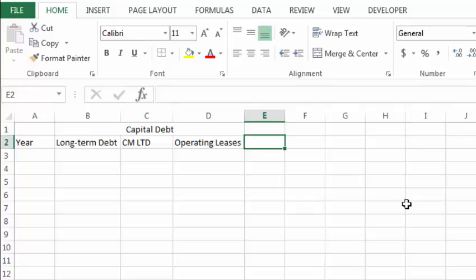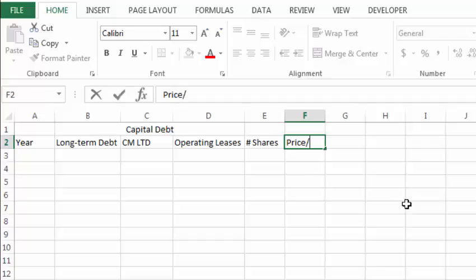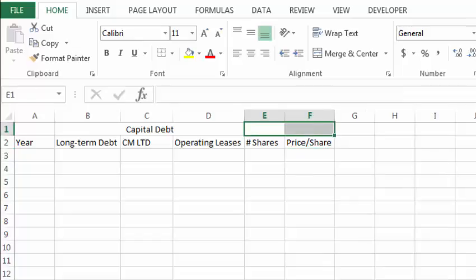The market value of the equity is going to be number of shares outstanding. So I'm going to say number shares. And then what is the price per share? Price per share. These two are capital equity.